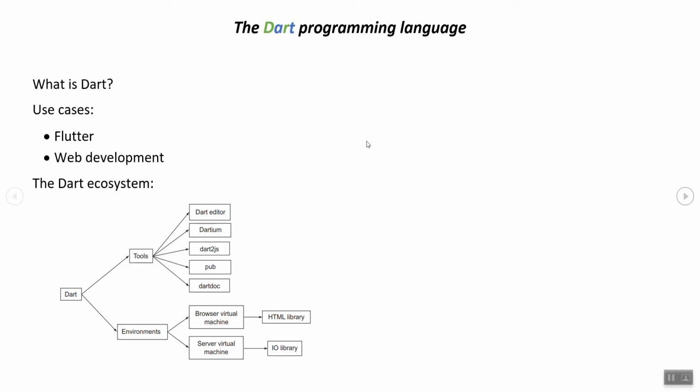So if you are already a JavaScript or Java developer, you'll be able to adapt and understand Dart so easily, and you'll not have that much trouble. So good news for you Java and JavaScript folks out there who want to learn the Dart programming language.